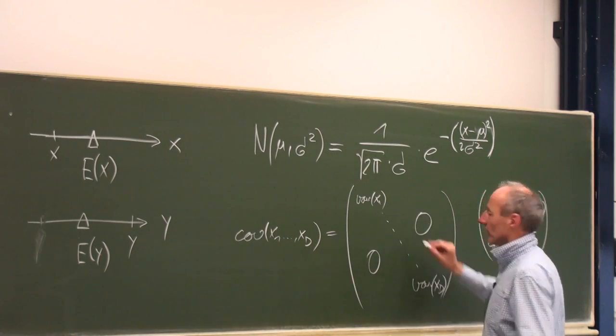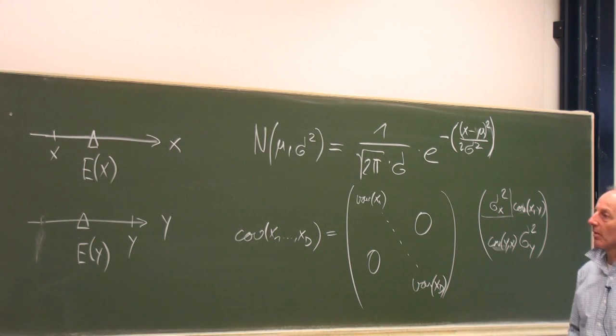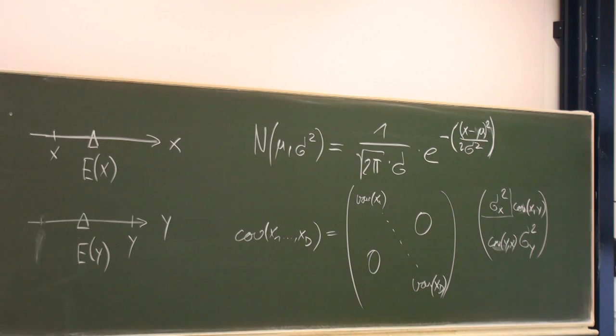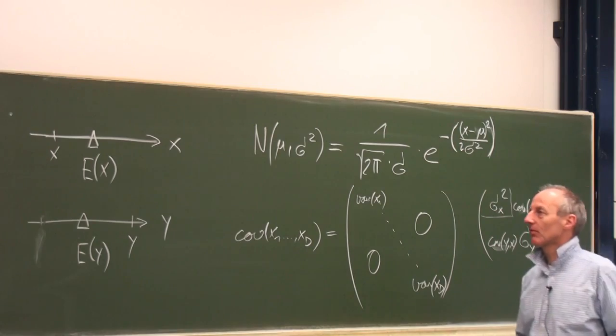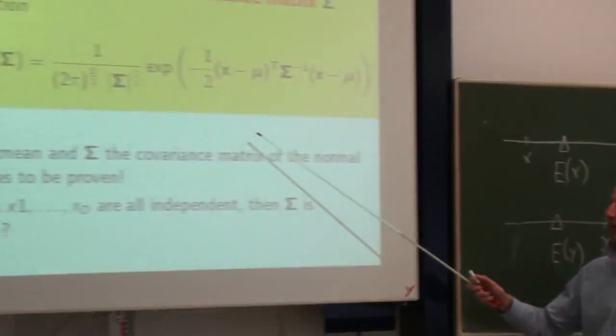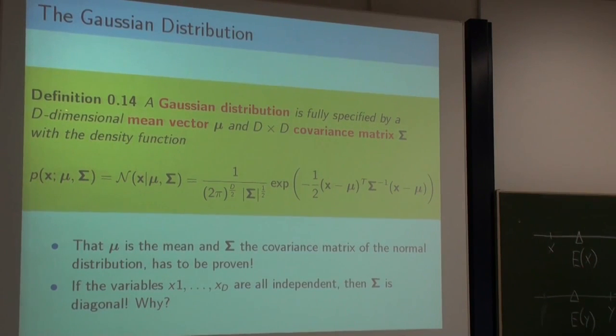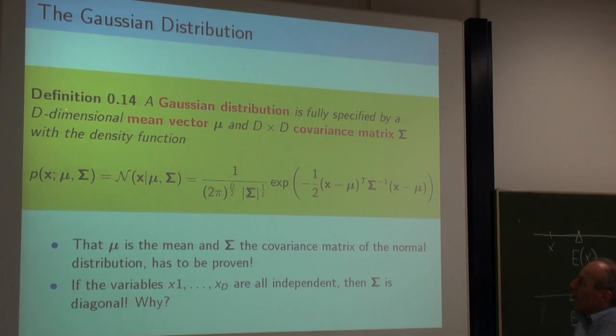And the rest is all 0. And this is a very nice case for our normal distribution. Now suppose this sigma here and here is diagonal. What is the determinant of a diagonal matrix?